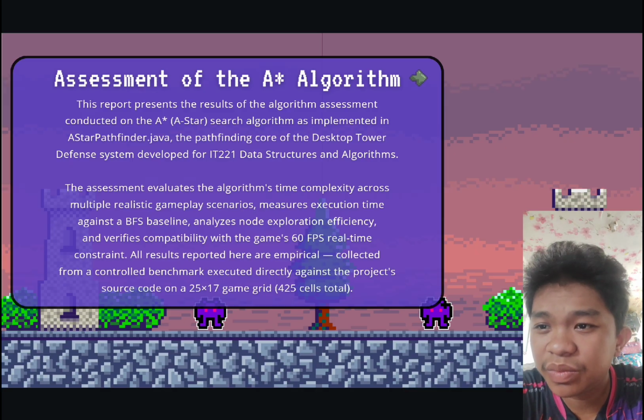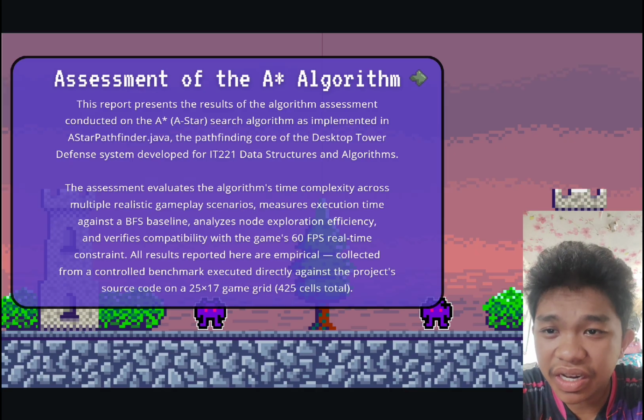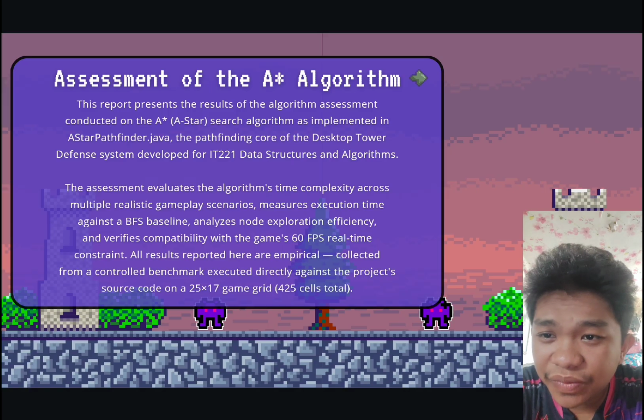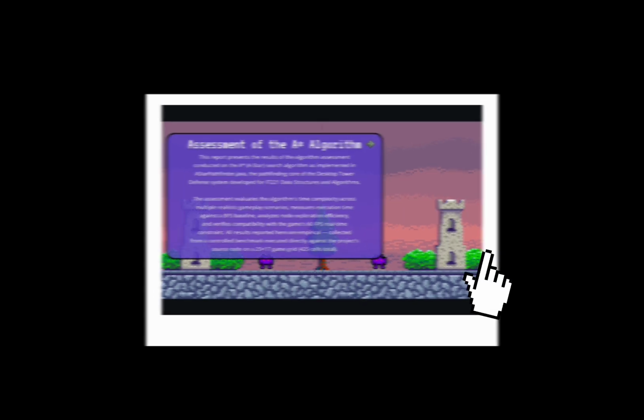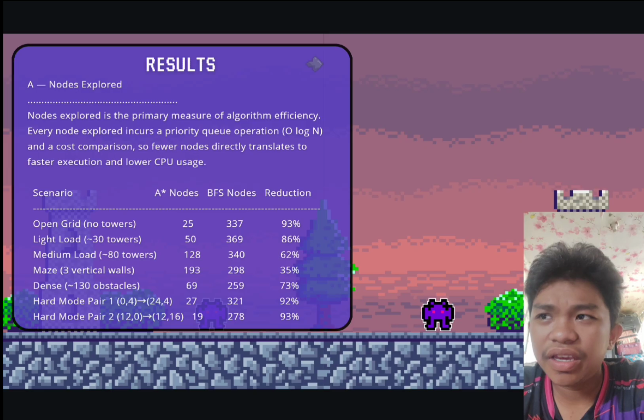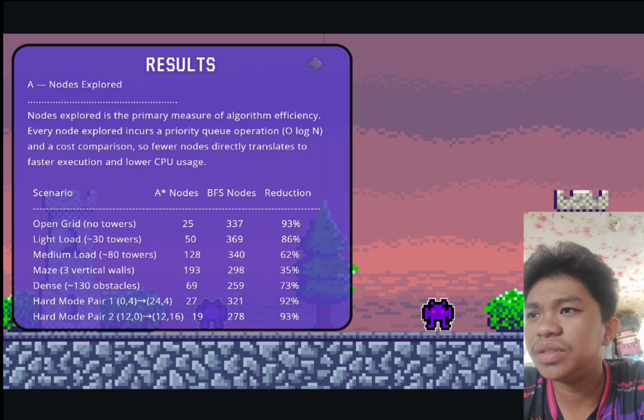All results reported here are empirical, collected from a controlled benchmark executed directly against the project's source code on a 25 by 17 grid, a total of 425 cells. The results: A. The nodes explored.